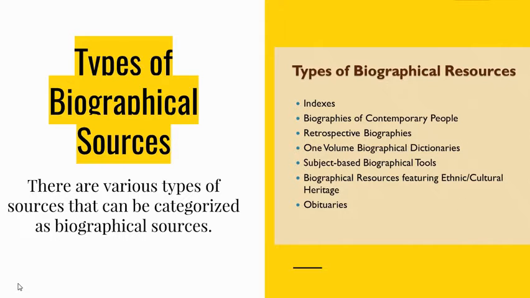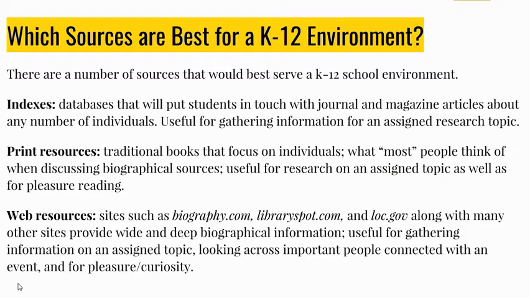There are a lot of different types of biographical sources that a librarian can turn to add to her collection. Some of these include indexes, subject-based biographical tools, resources featuring ethnic or cultural heritage, obituaries, as well as many others. Sources that are best for a K-12 environment include indexes, which are databases that are going to put students in touch with a wide variety of different biographies.